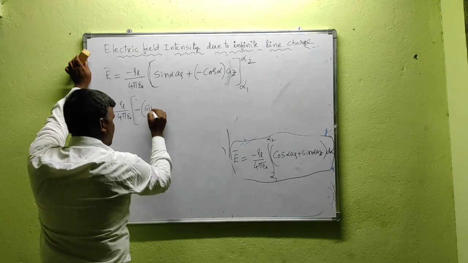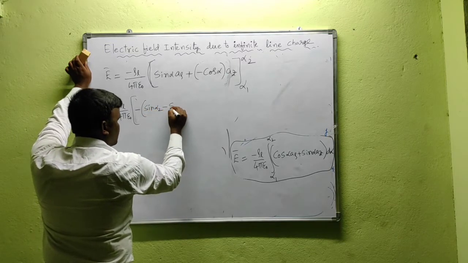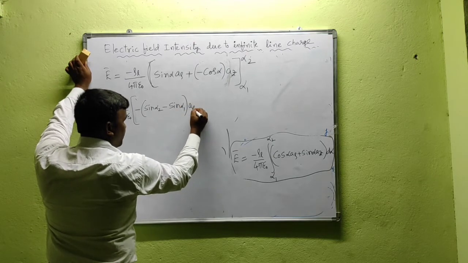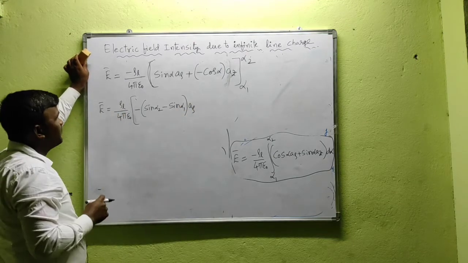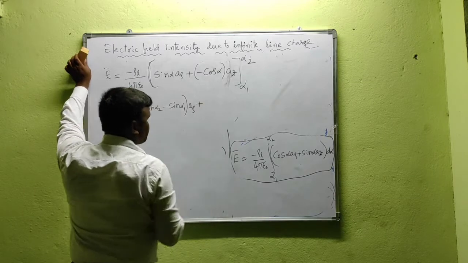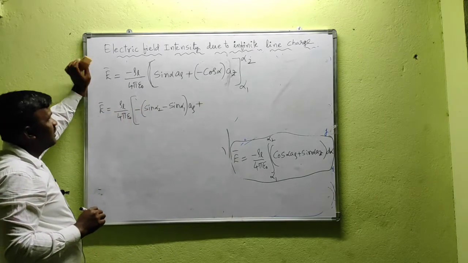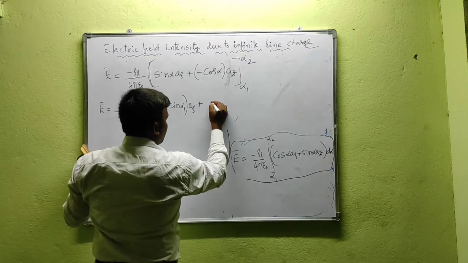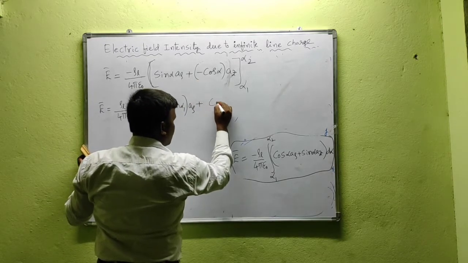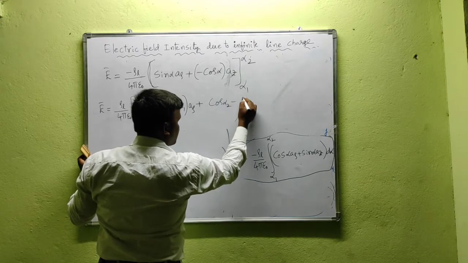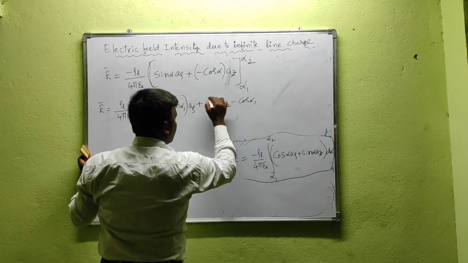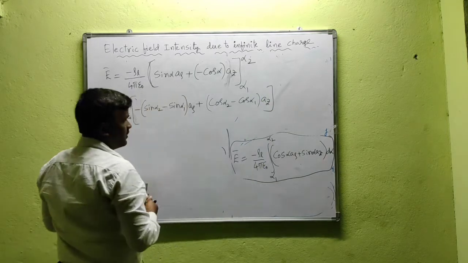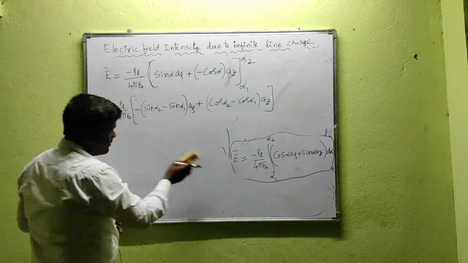In this case it becomes sin alpha 2 minus sin alpha 1 into a rho, plus, minus into minus becomes plus, cos alpha upper limit, that is cos alpha 2 minus lower limit, that is cos alpha 1 into az. If you perform the integration we will get like this.